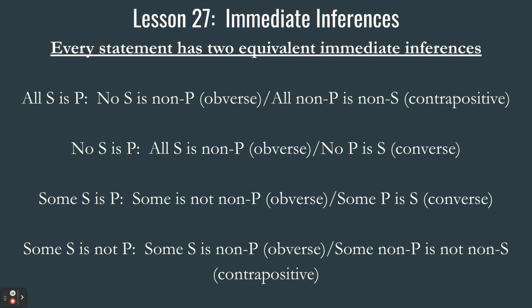Some non-reptiles are not non-dogs. And look, there it is. You didn't have to go through all three of those steps. You just plugged your subject and predicate into this form. Some dogs are not reptiles. Some non-reptiles are not non-dogs.